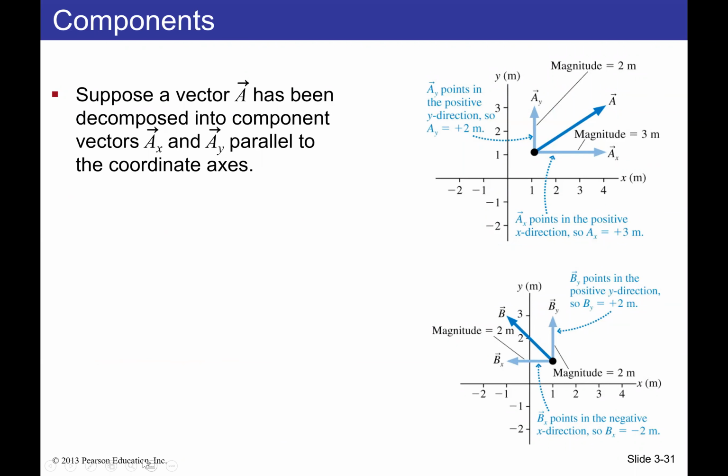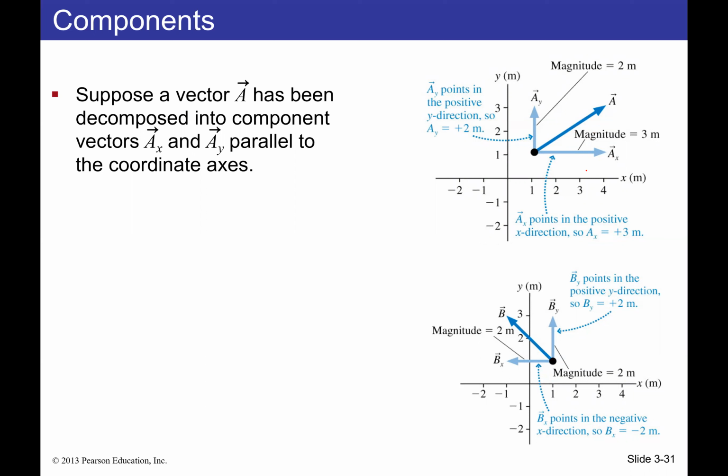Here's vector A. If you break it down into components, you're going to have one horizontal component parallel to the x-axis and one vertical component parallel to the y-axis. Let's break it down into AX and AY.